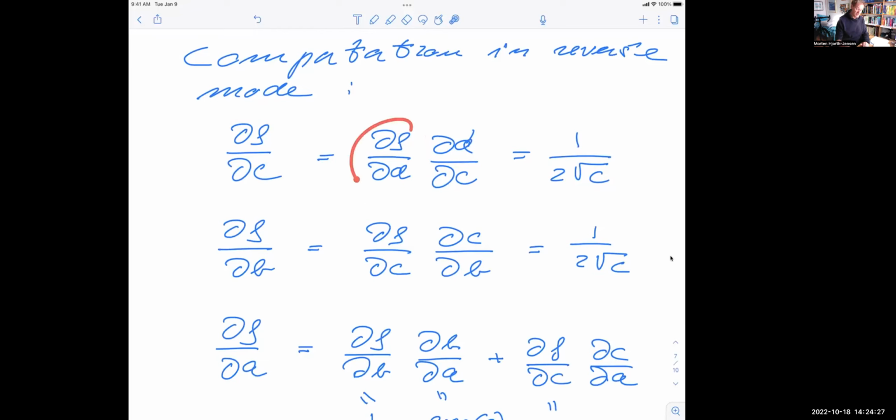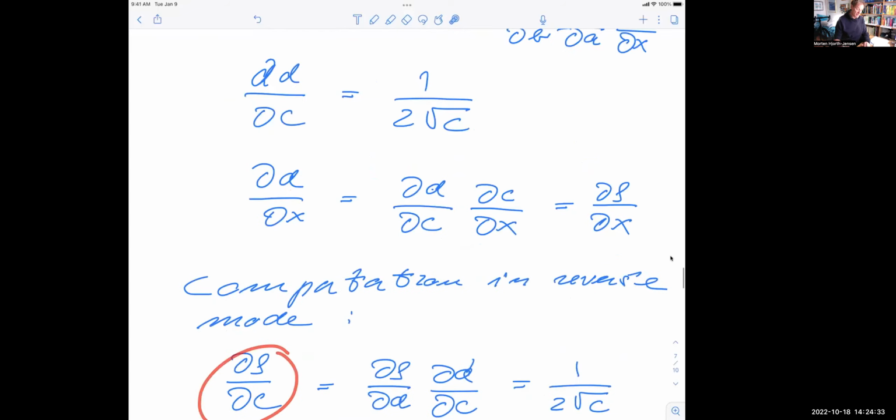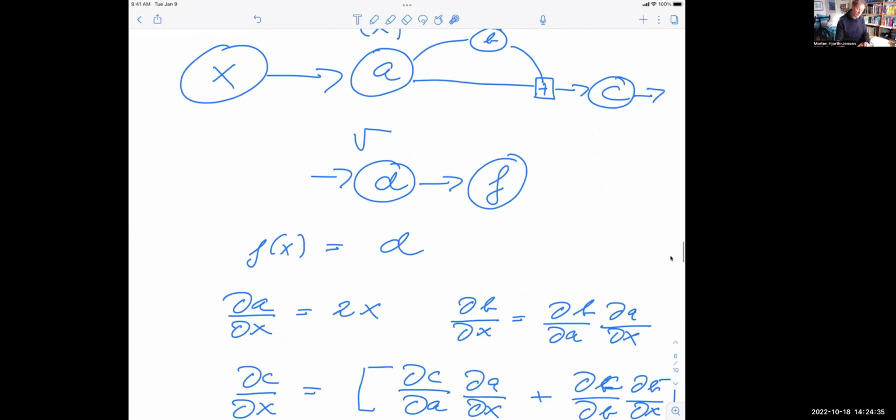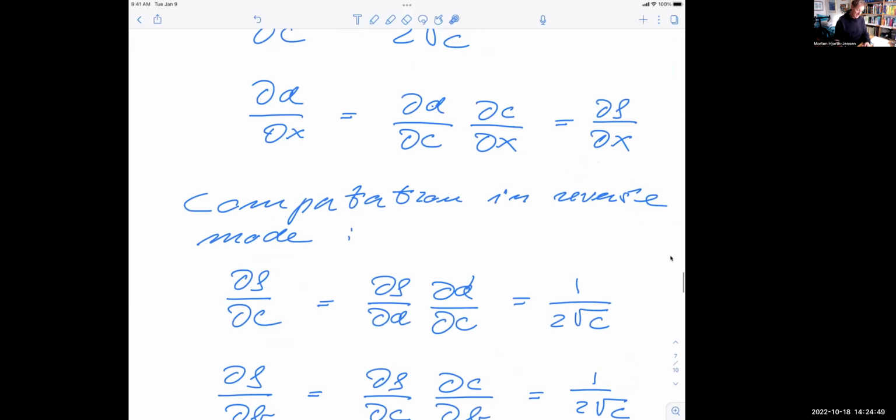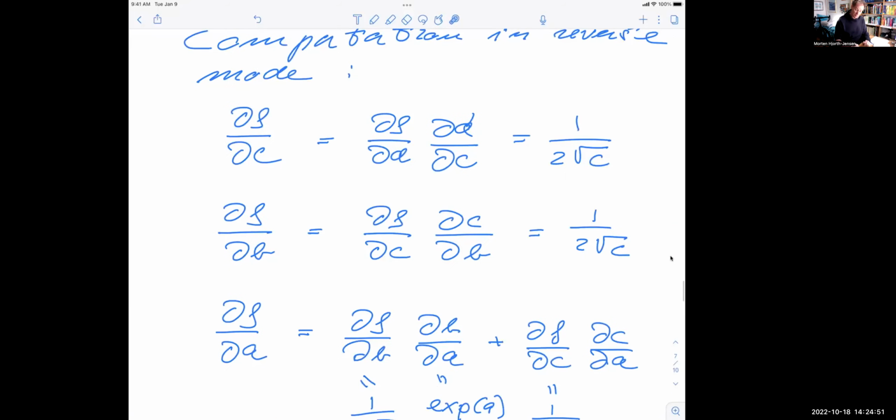So df of d here is equal to 1 in this specific case. And then we need the derivative in the step behind, which, when we look at the graph here, would correspond to this quantity. So we start here, calculate the derivative with respect to that one, and d is equal to f by definition in this simple example. And then we propagate back to c, and we get the derivative with respect to c here. And then we get the derivative with respect to b.